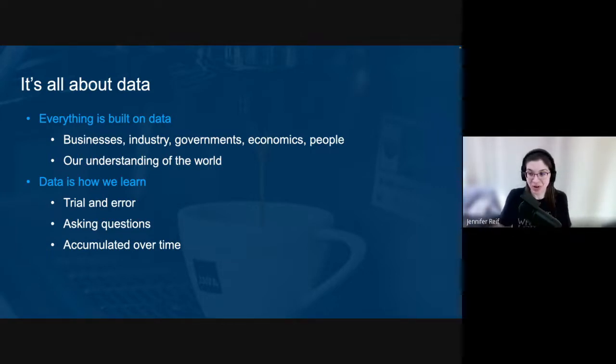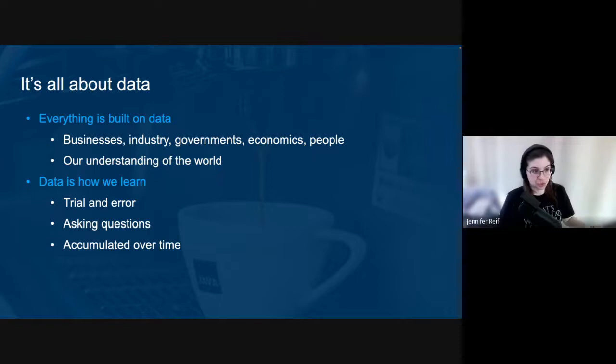That's how we get to know other people and become friends, or maybe unfriend certain people because of the information that we accumulate, right? So data is really how we understand the world around us. Things like science, music, business applications, signing up for a class or for a video. We rely on data. Data is how we learn.